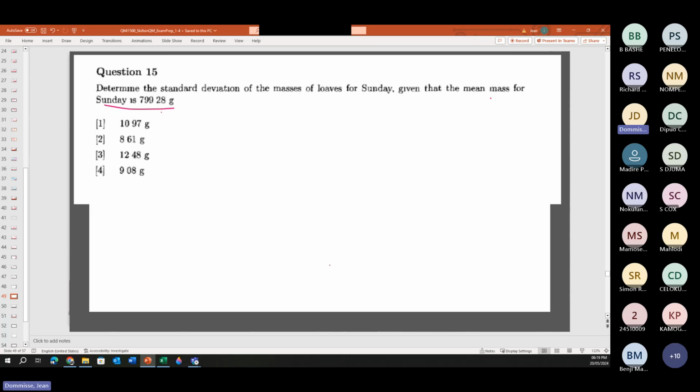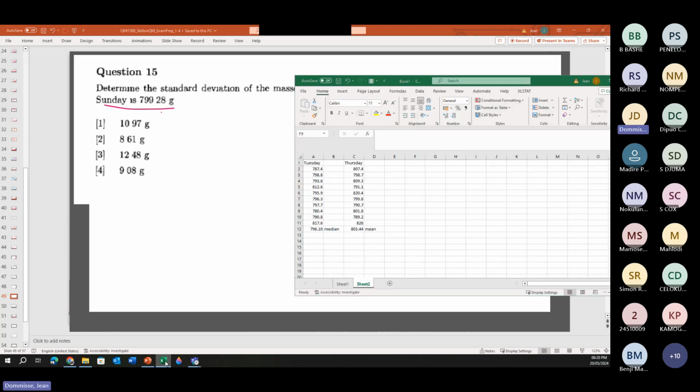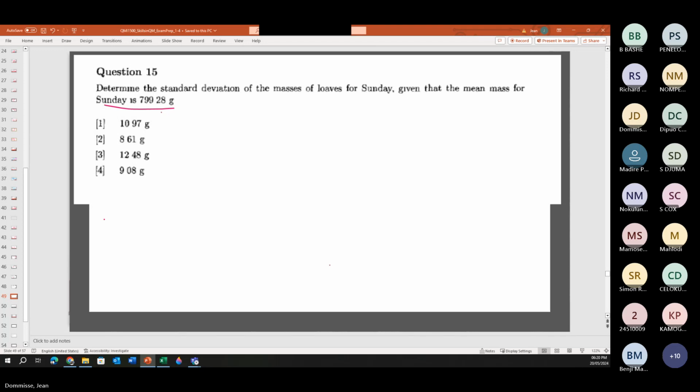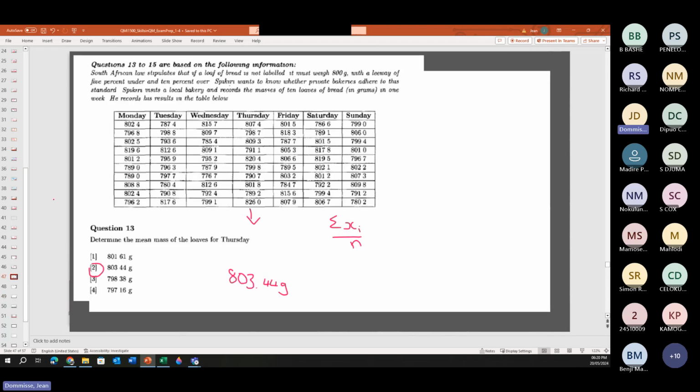Oh no, but they only give you the mean mass. They don't tell you the sum of. Oh, that doesn't help a lot. Okay, sorry, I thought they gave us all the other information. So they did not.